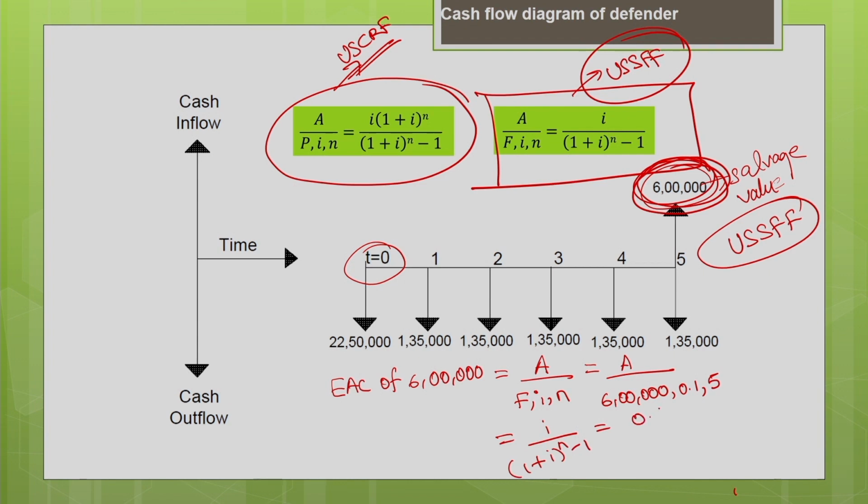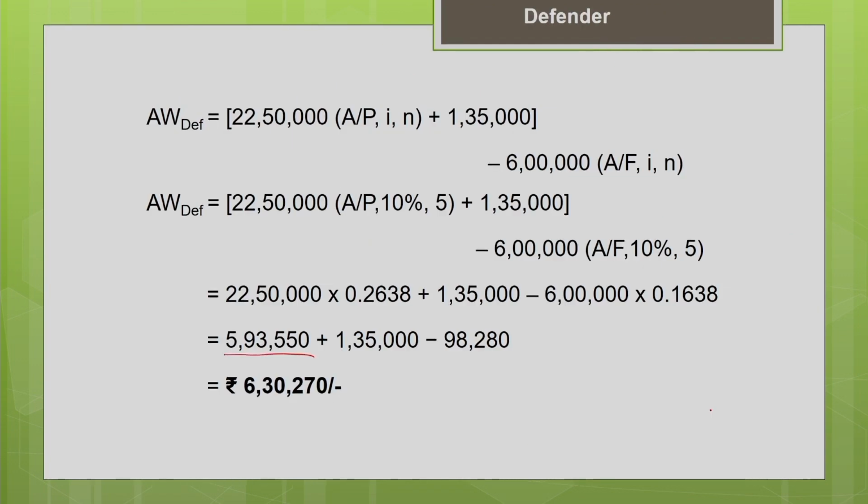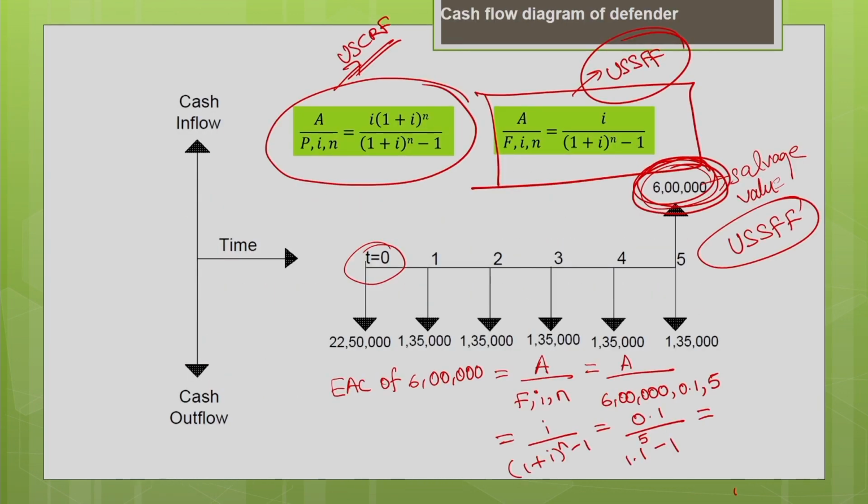So, I is 0.1 divided by 1.1 power 5 minus 1. So, you will get the factor value as 0.1638. Now, to find the equivalent annual cost, multiply this 0.1638 by 6 lakh.